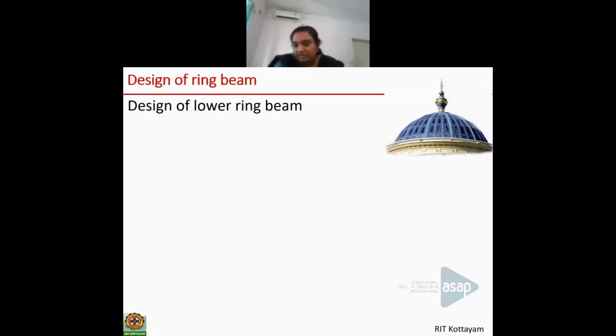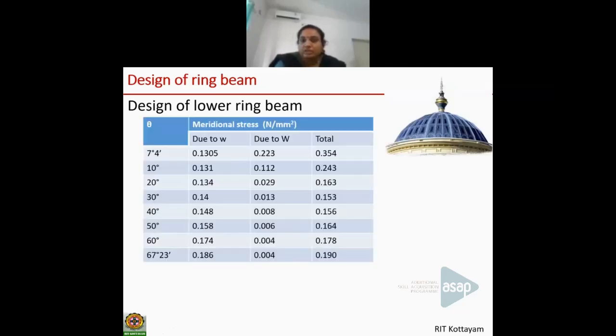So I'll show you that here. Last class I was not able to draw it clearly. What we want to design now is the lower ring beam. That means at the base point, since the meridional stress is tangential, we need to design a ring beam. So this is what we are going to design.